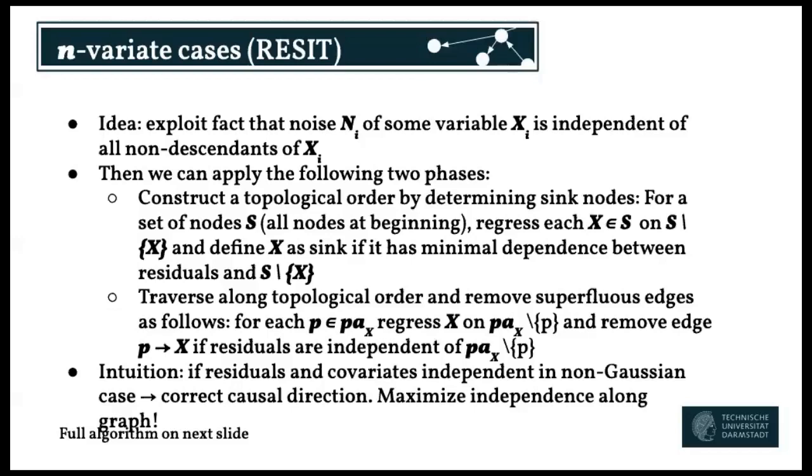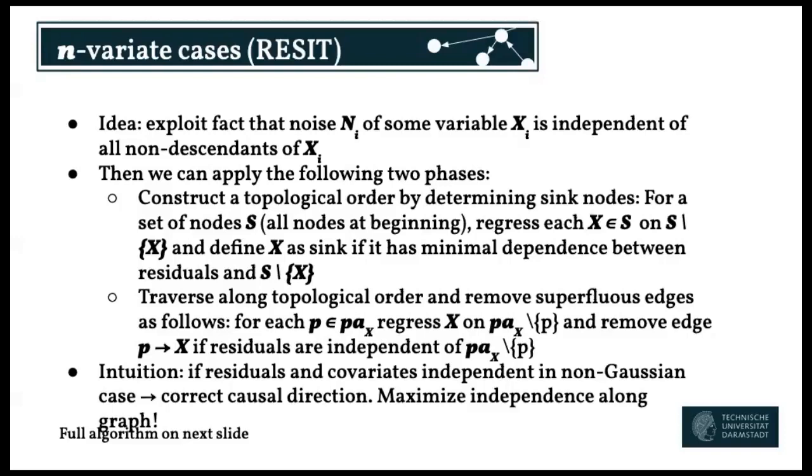And we now will have a look at two algorithms that perform pretty similar things, but in a different way. So the first one is called RESIT, and the idea is that we can exploit the fact that each noise variable of some variable xi in your graph is independent of all the non-descendants of xi.